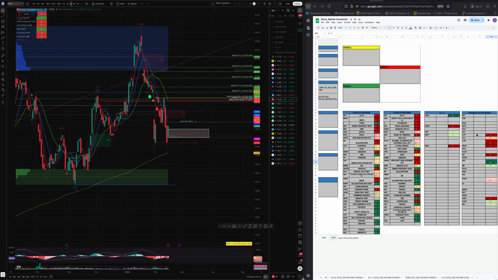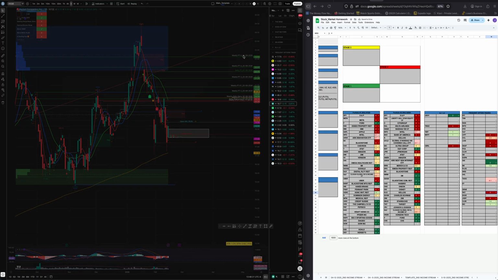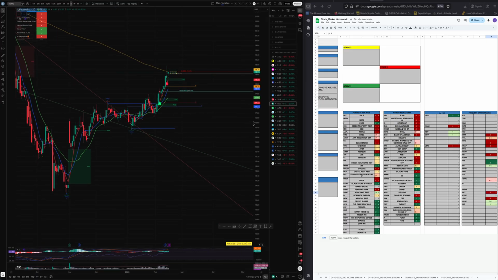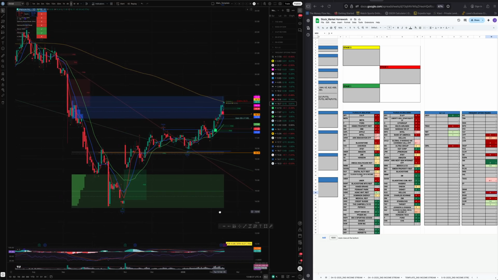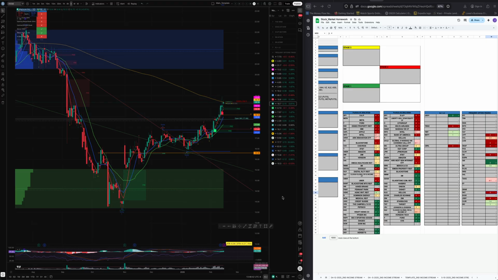Rocket's still in a 4. Man, it's not bad too. It's at a three.